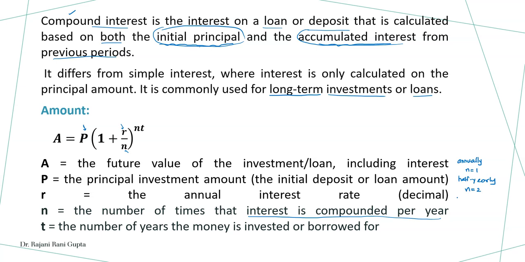If the interest is calculated monthly, in a year there are 12 months, so N becomes 12. And if the interest is calculated quarterly, then how many quarters are there? A quarter is 3 months, so 12 divided by 3 gives 4. And T in this formula denotes the number of years the money is invested for.